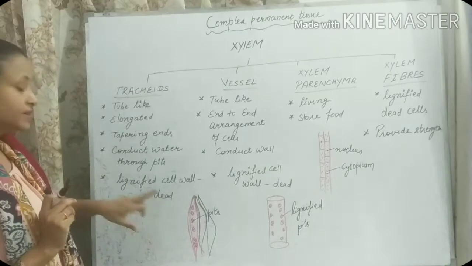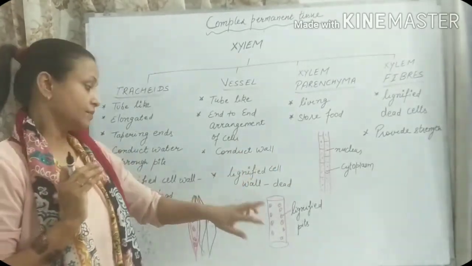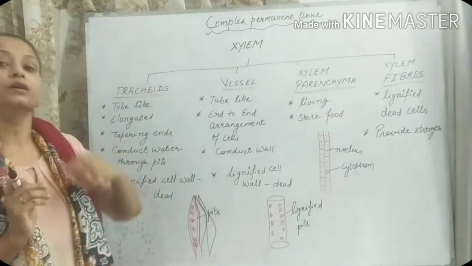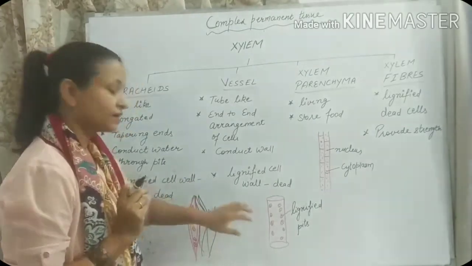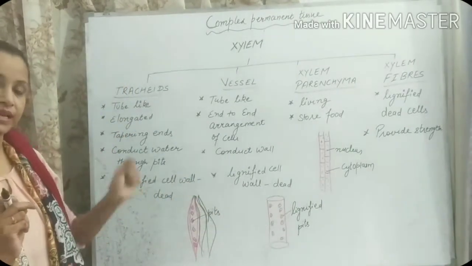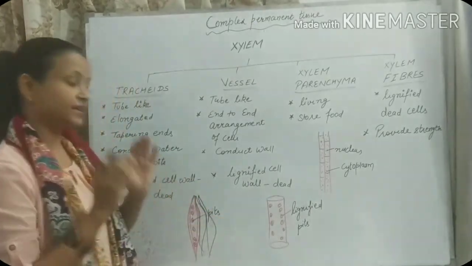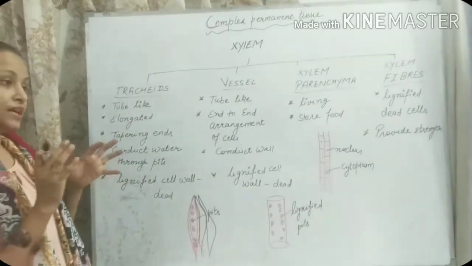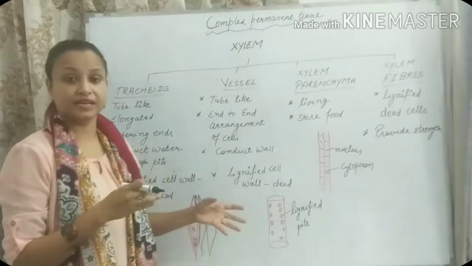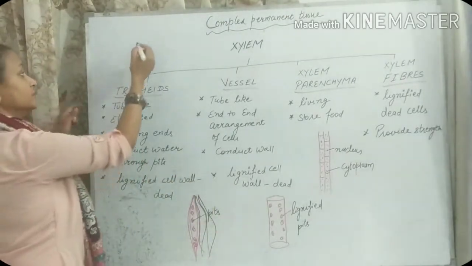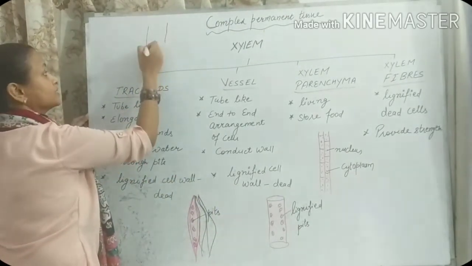And tracheids conduct the water horizontally, but vessels conduct the water vertically. They also have the lignified cell wall. That's why they are also dead cells, and the pits are present in the lignified cell walls. Why are they known as dead cells? Because क्या होता है generally you know the structure of the cell.